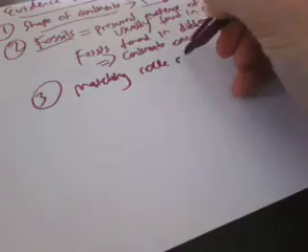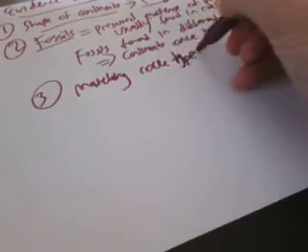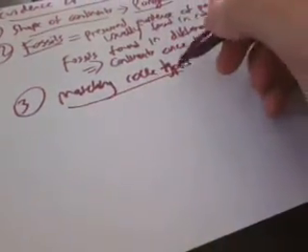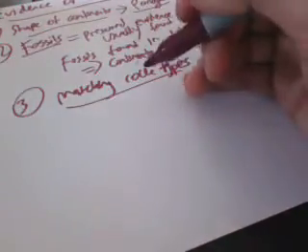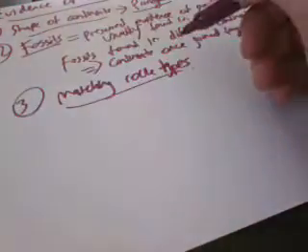Number three, matching rock types. This is a bit similar to fossils. The structure and rock composition of mountains in, let's say, eastern North America can be matched to those of mountains across northwest Europe.